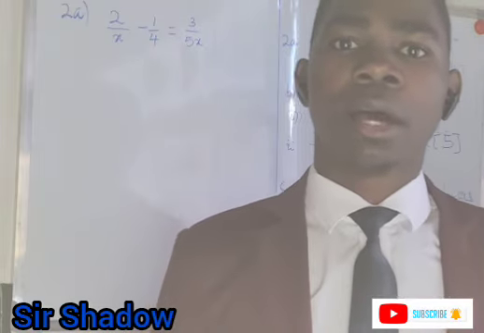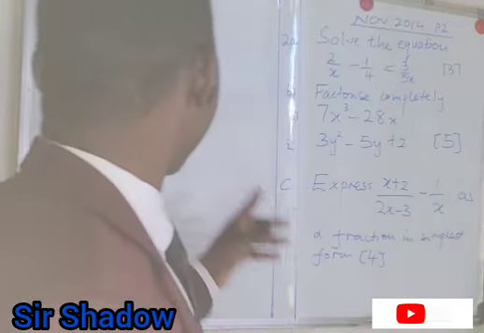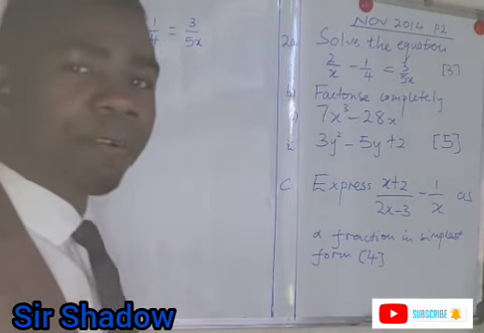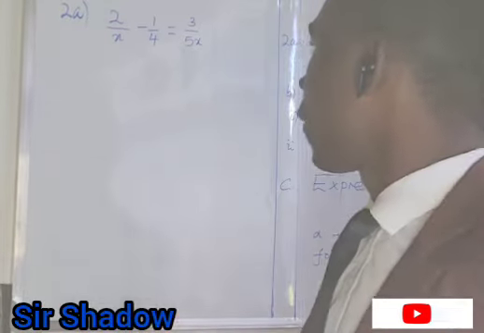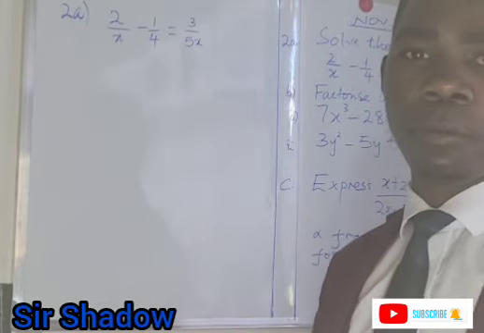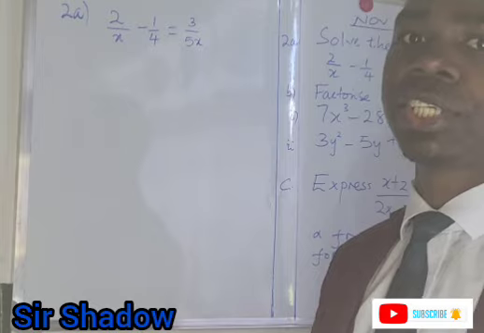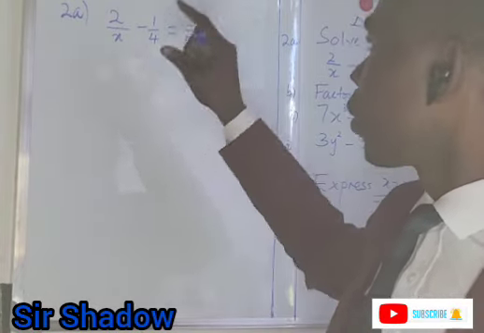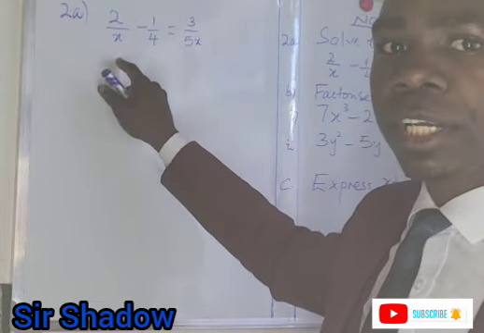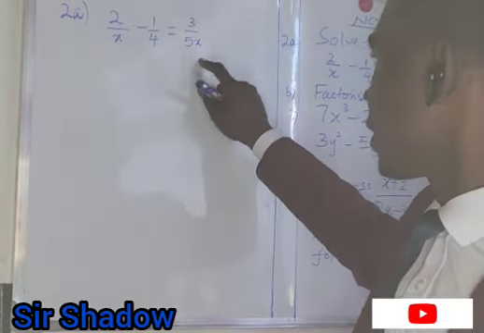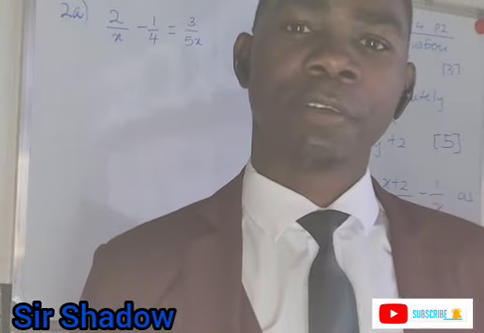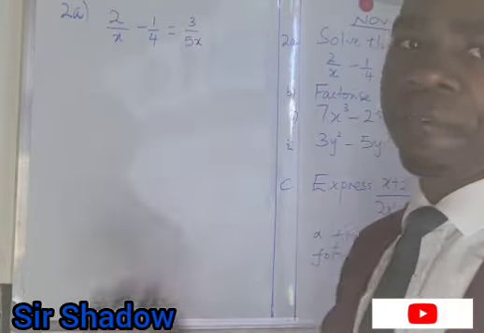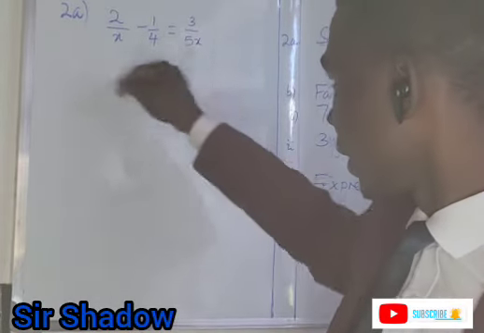First of all, we have to simplify 2 over x minus 1 over 4 by finding the lowest common denominator and writing it in algebraic form. Then after that, apply cross multiplication. With the left hand side algebra equal to the right hand side algebra, do cross multiplication to find the value of x. Or we can apply it by finding the lowest common denominator of everything given.